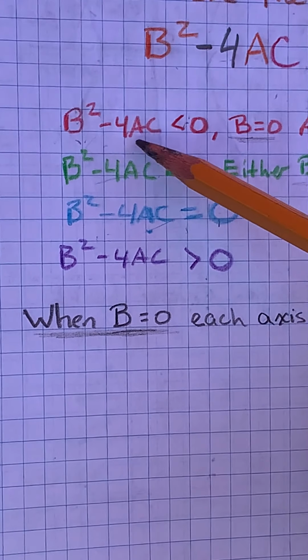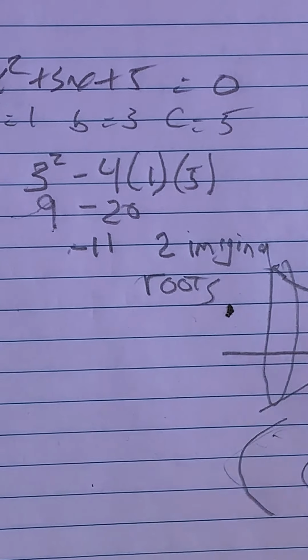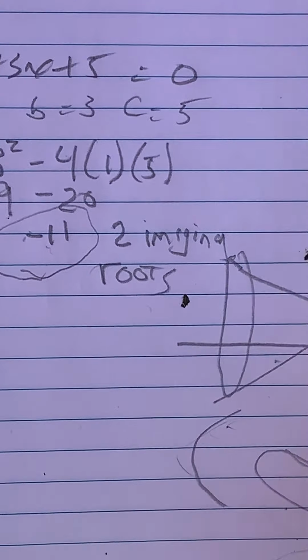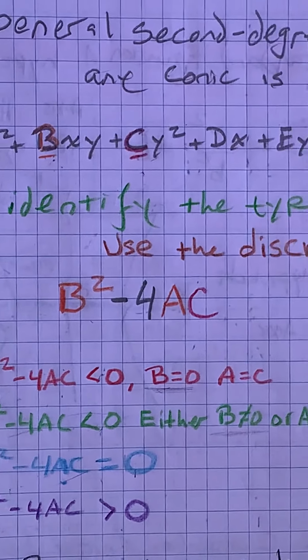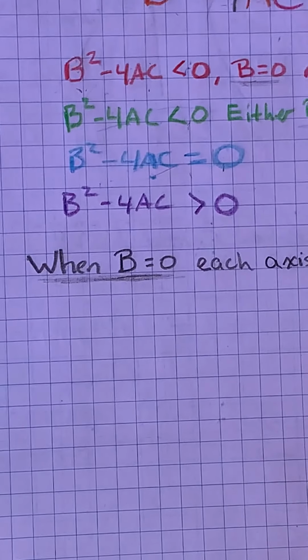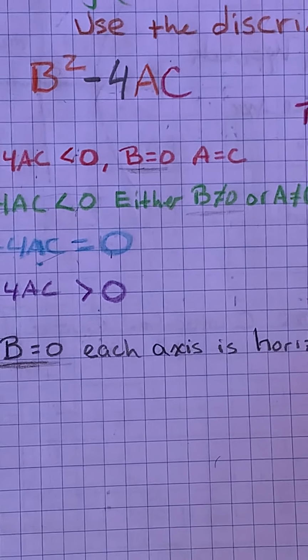Okay, so if this thing comes out like in that example I just did, if our discriminant came out to be less than 0, then on this conic section with this complicated long equation, ax squared plus bxy plus cy squared plus dx plus ey plus f, that tells us that we have either a circle or an ellipse.